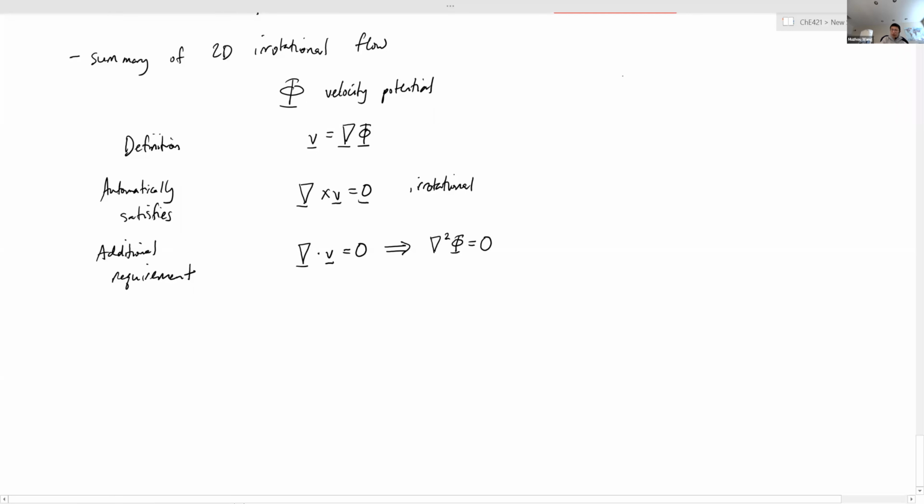In parallel with that, if you had chosen not to use the velocity potential, you could also have used something called a stream function. The math essentially looks identical, although the definitions are a little bit different. For the stream function, the definition is this.